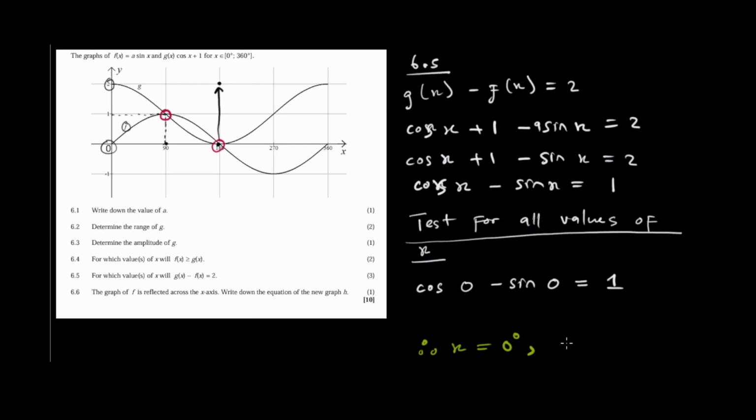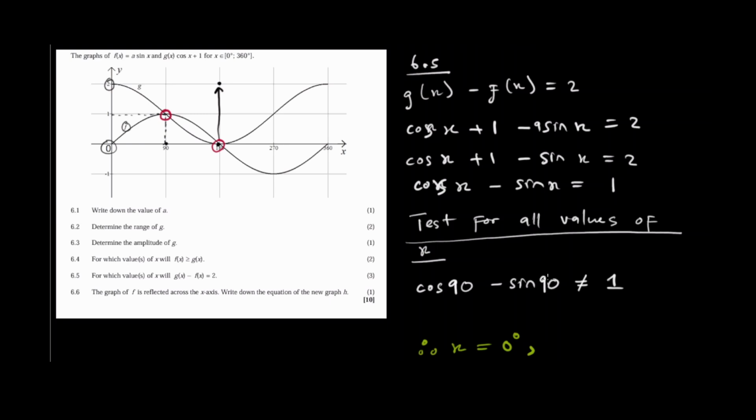But is it all? What about if we try with 90? So when we are trying with 90, it will be cos 90 minus sin 90. Does this give us 1? Cos 90 minus sin 90 gives us minus 1. So this is not equal, meaning 90 is not going to be an answer.